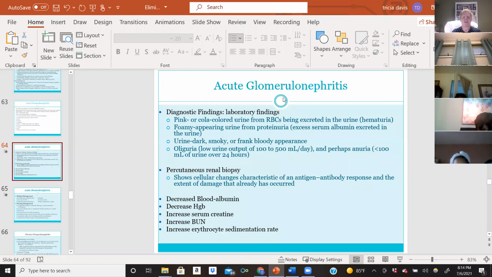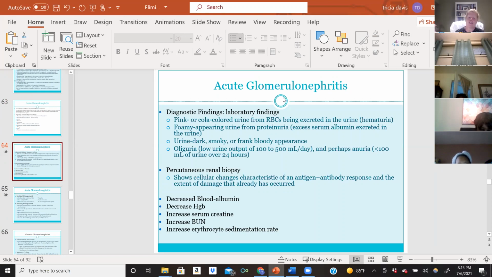All right, so laboratory findings that we might see. Patients can present with pink or cola colored urine. This is from the red blood cells being excreted in the urine. We also call that hematuria. We also might see foamy appearing urine from that protein spilling in. So this is excessive serum albumin that's excreted in the urine.